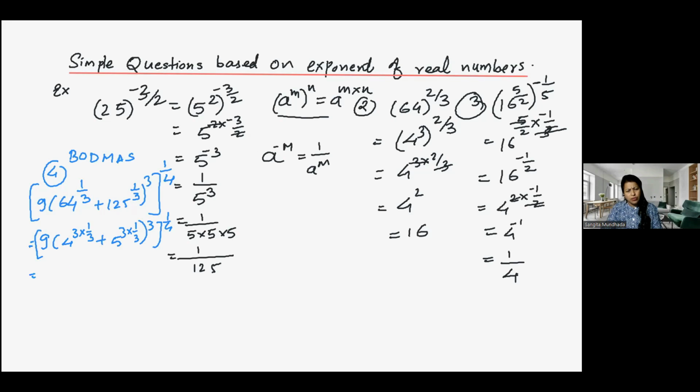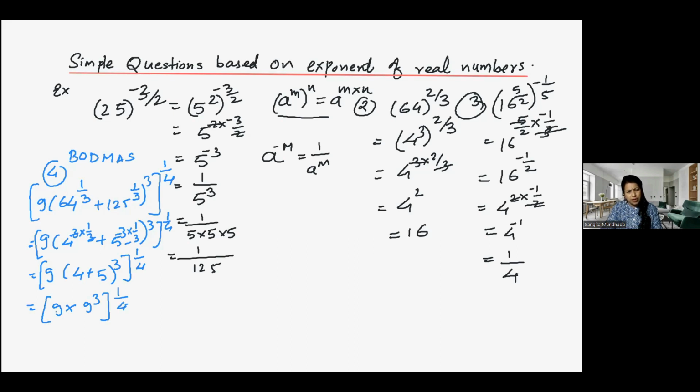is equal to 9 into 4 plus 5, sorry, this is 4, plus 5 raised to power 3, and whole bracket raised to power 1 by 4, is equal to 9 into 4 plus 5, that is 9 raised to power 3, and raised to power 1 by 4.